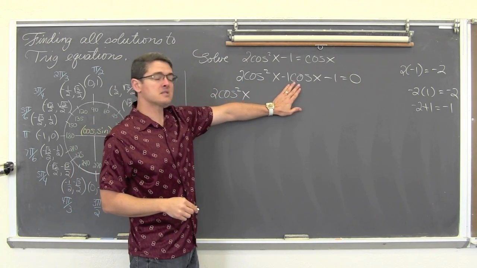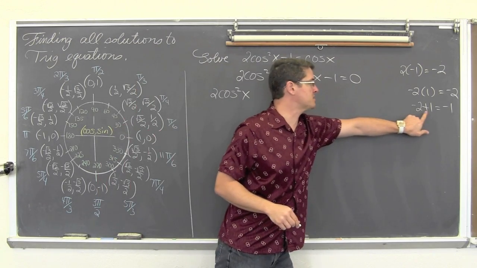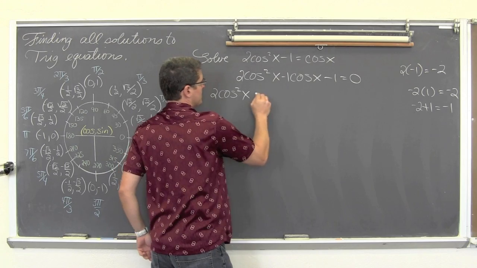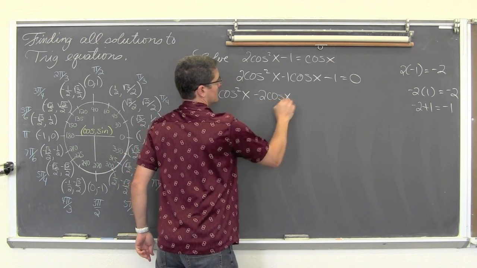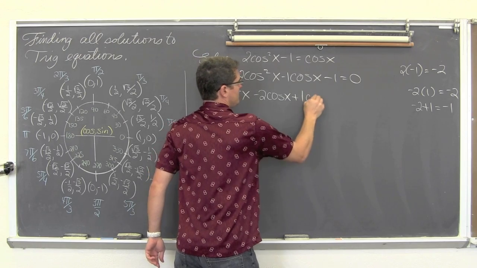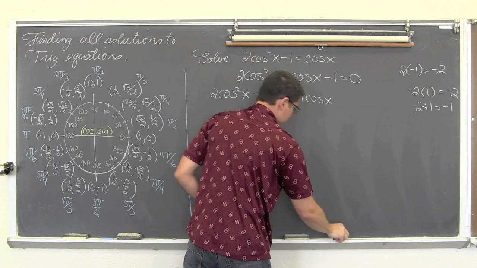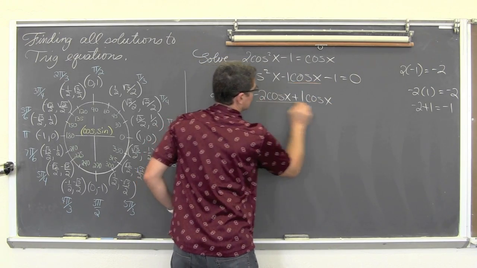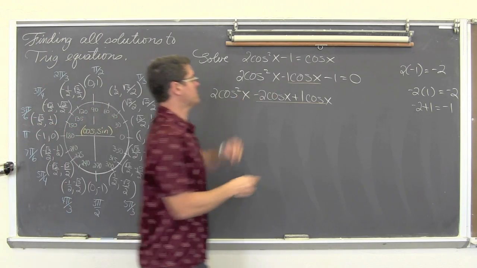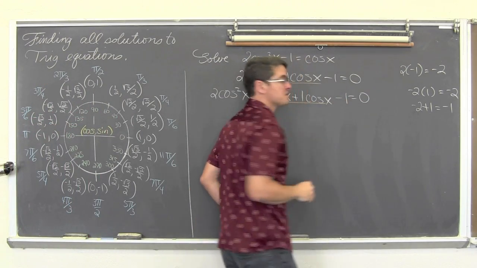I'm going to break up this middle term using these 2 numerical values of negative 2 and 1. So we're going to have negative 2 cosine x plus 1 cosine x, writing those 2 terms to make the middle term look different, minus 1 equals 0.